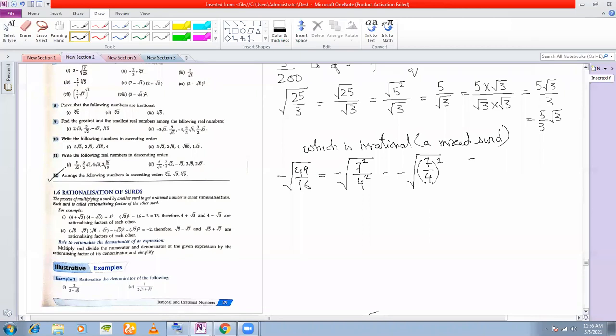So now you simply get minus 7 by 4. You remove the radical because you have a perfect square within a radical, which is of the form P by Q, which is a rational number, right?